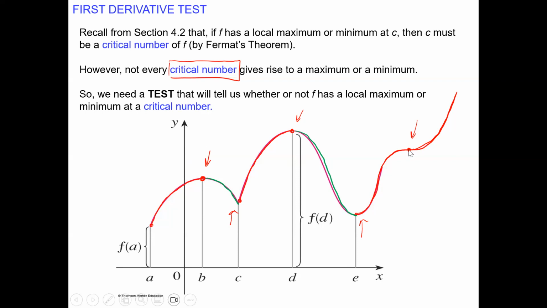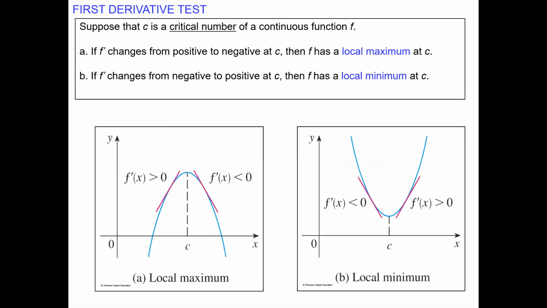And also, we may have the situation that even if we have a critical number, function is still, for instance, increasing. That means not all of the critical numbers will give us extreme values. That means now let's look at the first derivative test, which helps us to identify lots of good things. Okay, first derivative test.